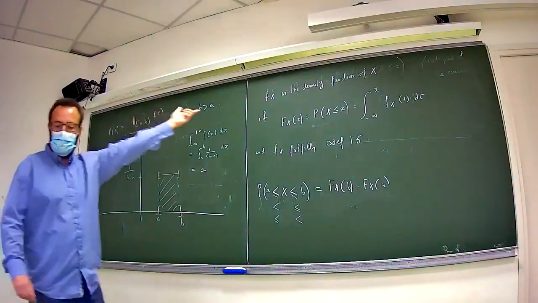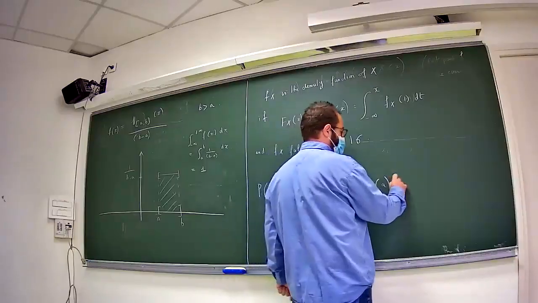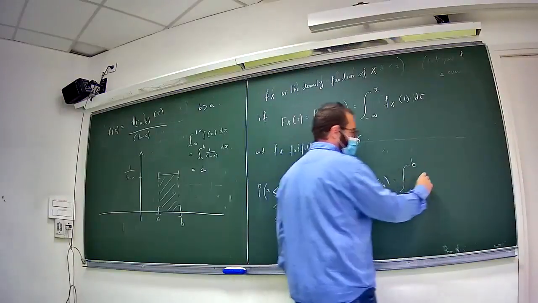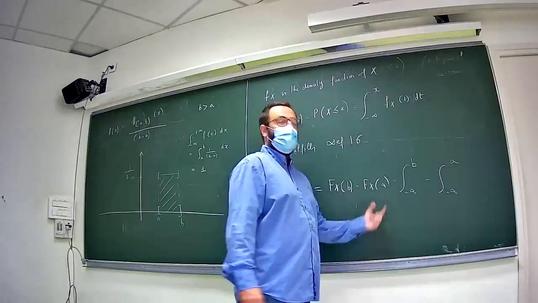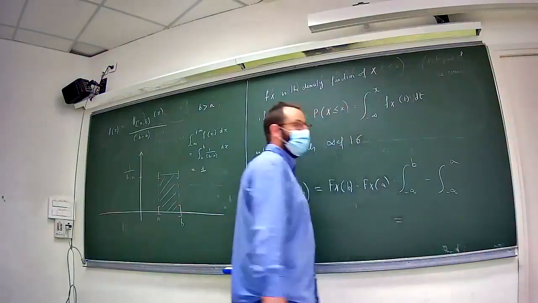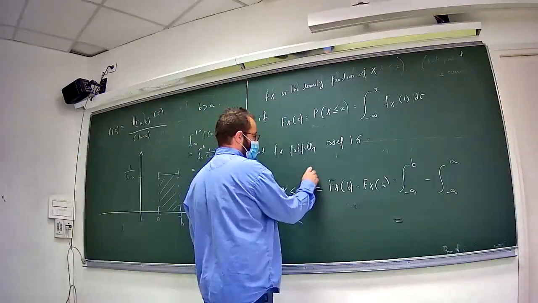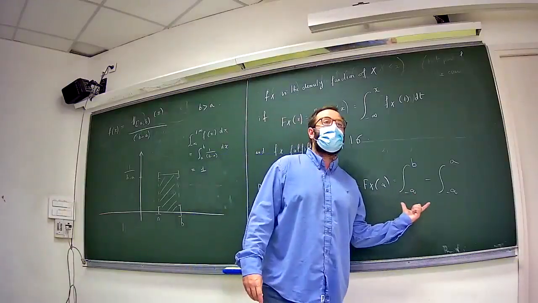From my preceding relation, I know that this is the integral between minus infinity and b, minus the integral between minus infinity and a. And what is this? Because b is strictly greater than a here, it's what we call the Chasles relation for the integrals.